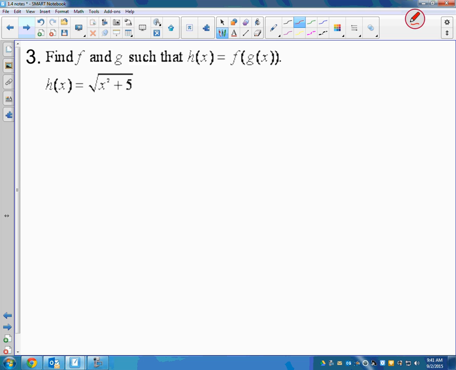And maybe I'll make up another one here if we seem to struggle on this. Basically, I want to come up with what 2 functions could I do f of g of x, and I would get this out. I'm going to make the disclaimer here. You can't just pick one function as x, because if you pick one function as x, then the other function is always just that, right?